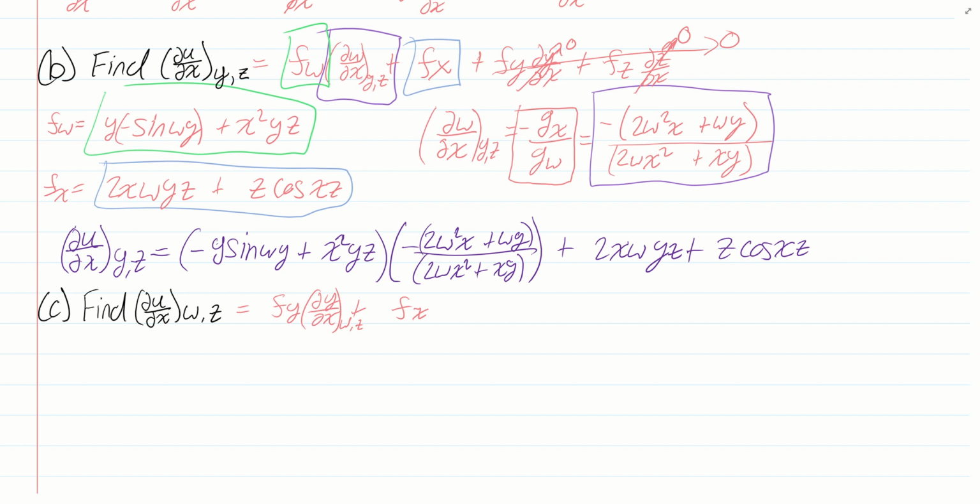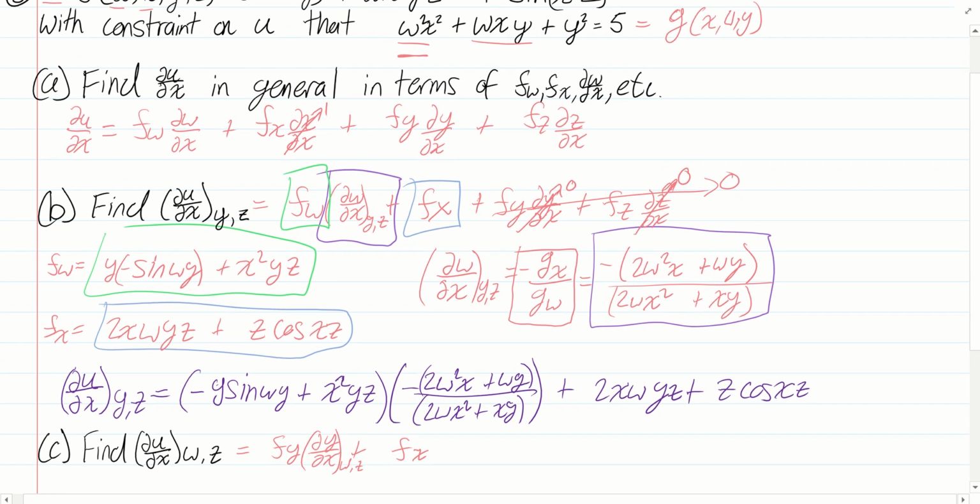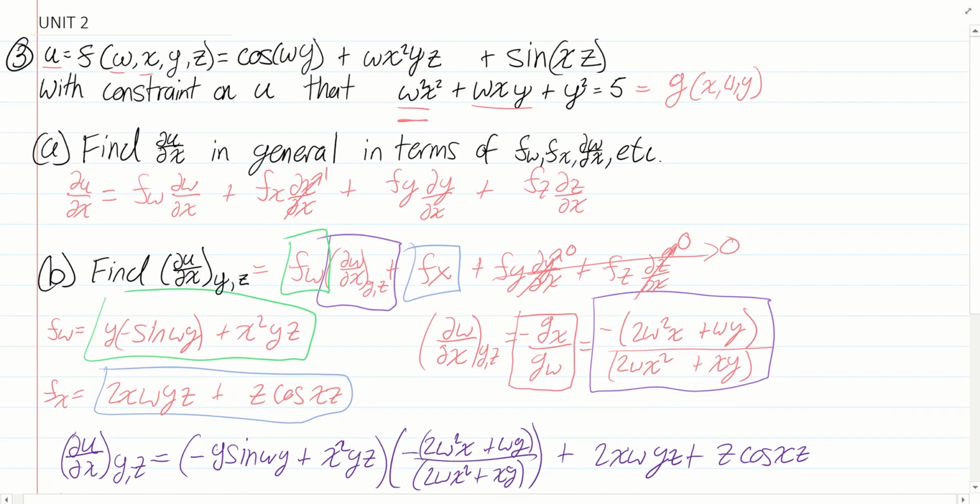So this first one, f_y, again, let's look back up here. I want to solve for f_y up here so that you can follow my path. So f_y is going to be the derivative of that first term with respect to y, which is negative w sine wy, plus w x squared z.